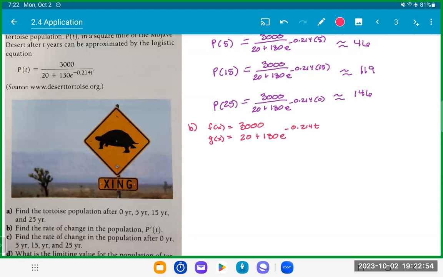Okay, take the derivative. My f prime is going to be 0, right? The derivative of a constant is 0. And the derivative of my g function is going to give me 130 times negative 0.214 times the rest, which is the same, e to the negative 0.214t.